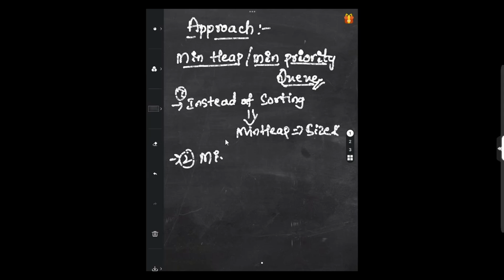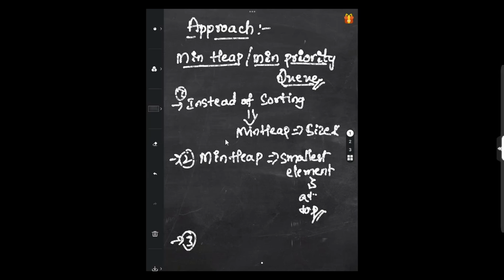A max heap always ensures that the maximum element is at the top, while a min heap ensures the smallest element is at the top, right? So this is the second thing that we need to keep in mind.